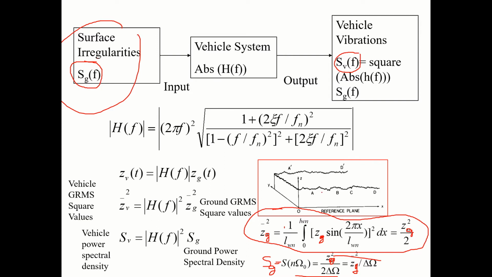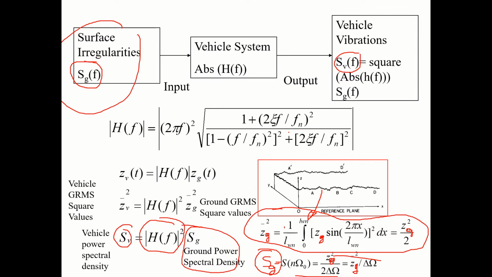This value divided by the range of frequency, that I call the power spectral density, Sg. So this you can call the vehicle power spectral density. This is the transfer function of the vehicle. And this is the ground power spectral density.